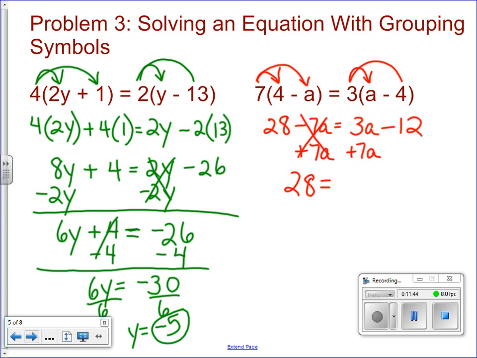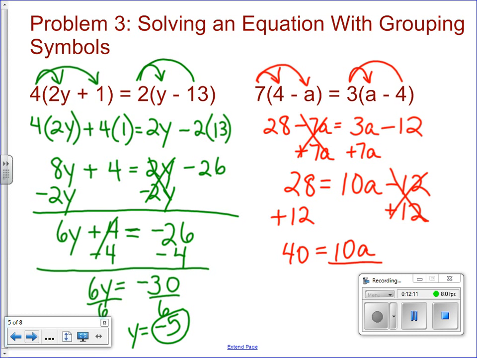On the right-hand side, 3a plus 7a is 10a minus 12. All right, now I'm going to remove my minus 12 by adding 12 to both sides. Minus 12 plus 12 is 0. Now I have on the left 28 plus 12 is 40 equals 10a.